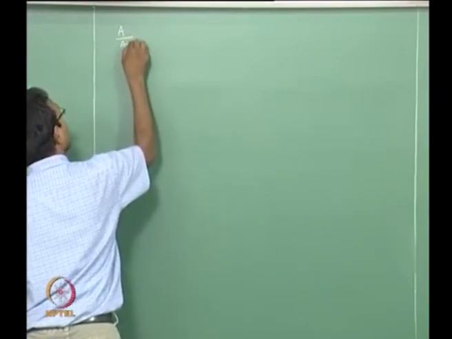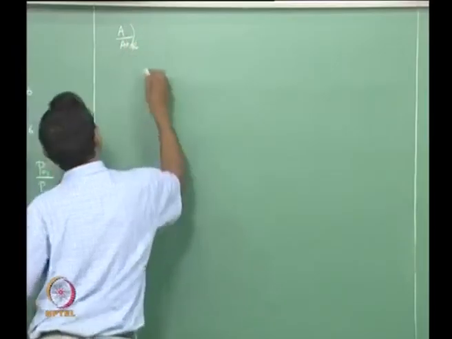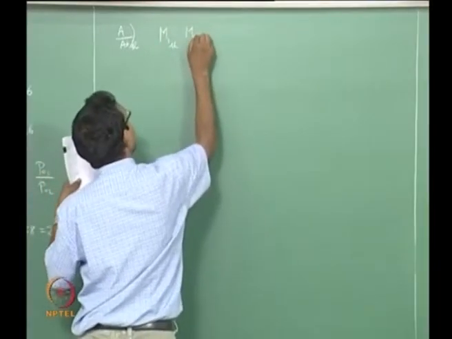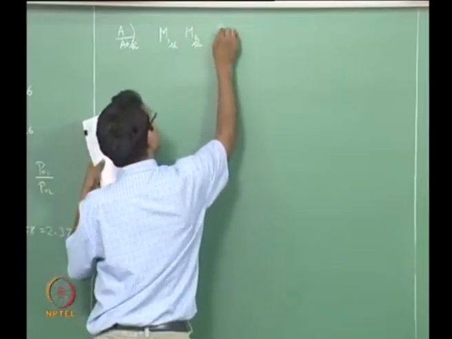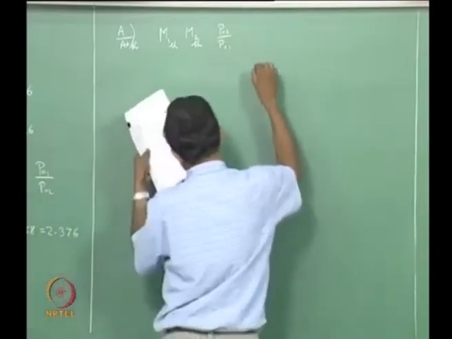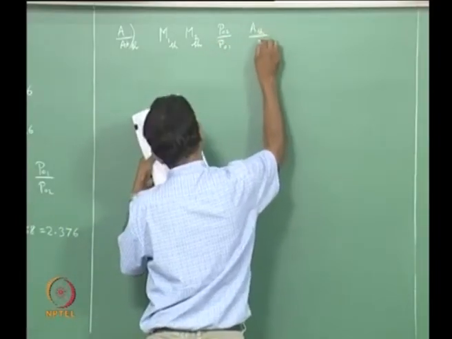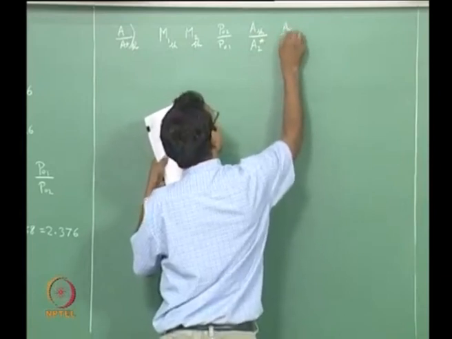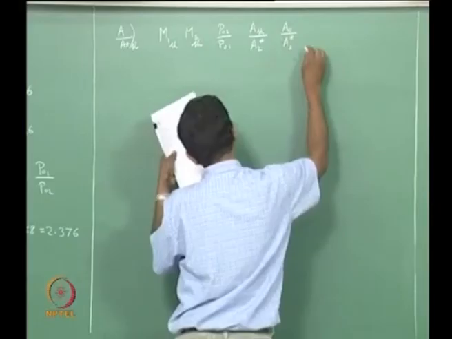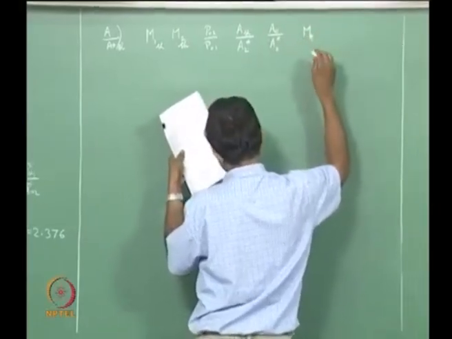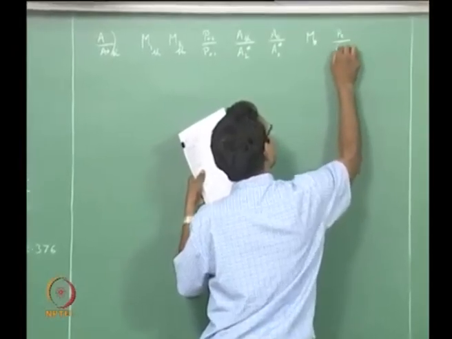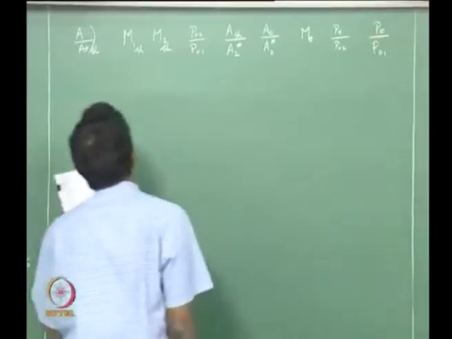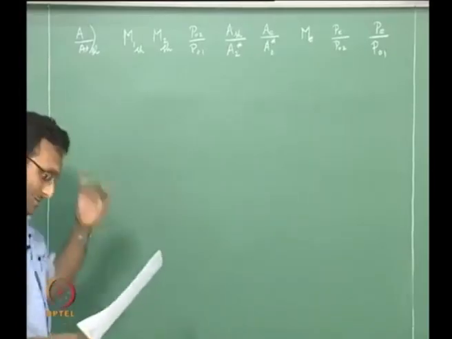A by A star shock, M1 of shock, M2 of shock, P02 by P01, A shock by A2 star, A exit by A2 star, M exit, P exit by P02, P exit by P01. These are the things you need to calculate in this sequence so that you will get to the answer.